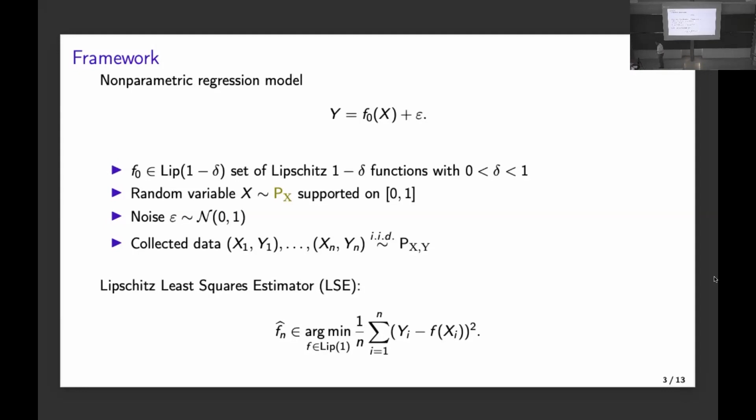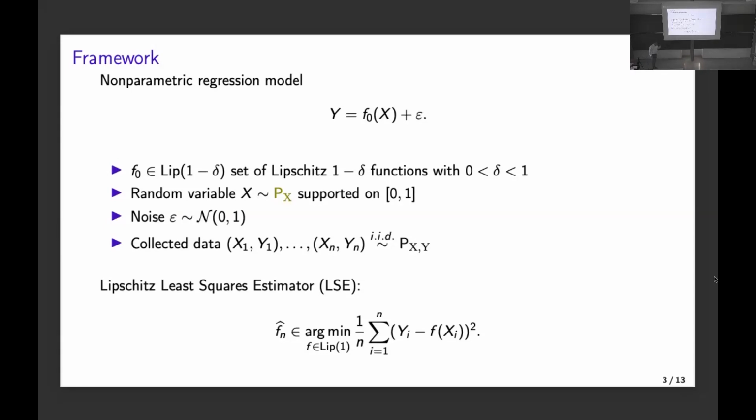The use of this constant I will explain a bit later. The noise is a standard Gaussian variable, very classic. And we assume that the distribution of the covariate is supported on [0,1], so compact support.